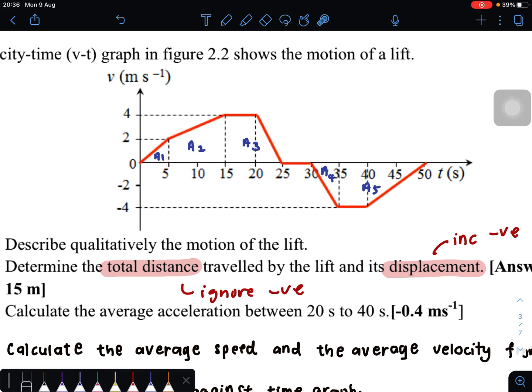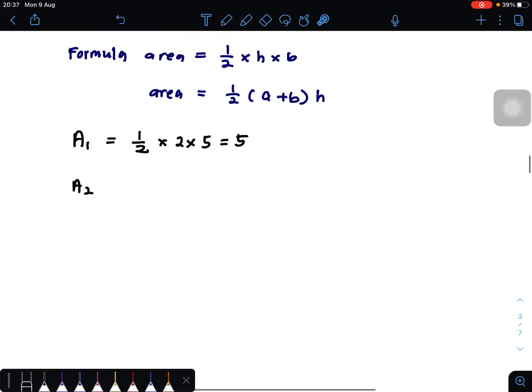The height here is 15 minus 5, so 10. And then you need to add these two sides, which is 2 plus 4. 1/2 times 10 times (2 plus 4), which is equal to 30.